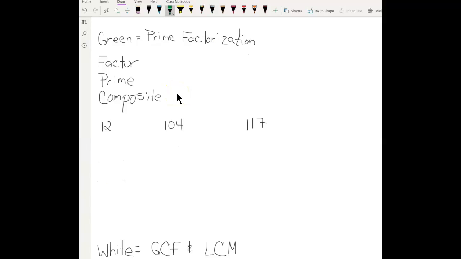So, prime factorization. First thing, what is a factor? Either yell it out or type it in the chat. What is a factor? Okay, Michael, I need something a little more specific than a number.